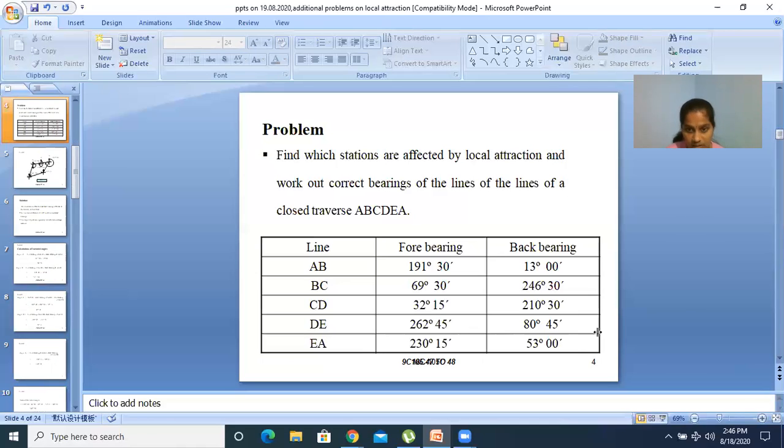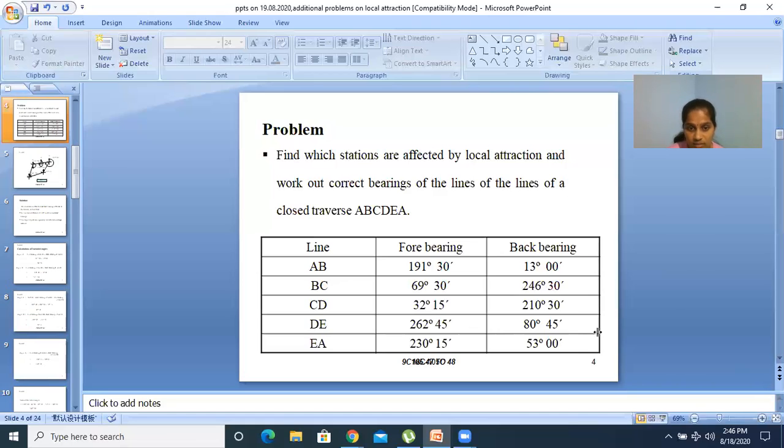For the BC line, 246 degrees 30 minutes minus 69 degrees 30 minutes is exactly 177 degrees.